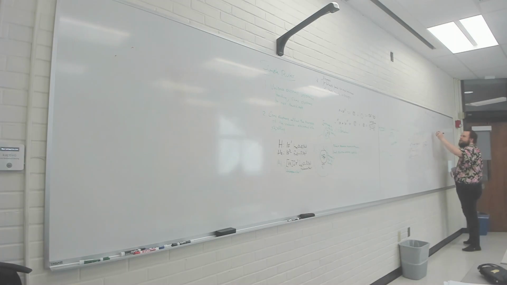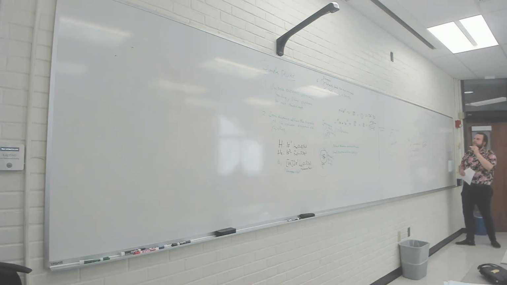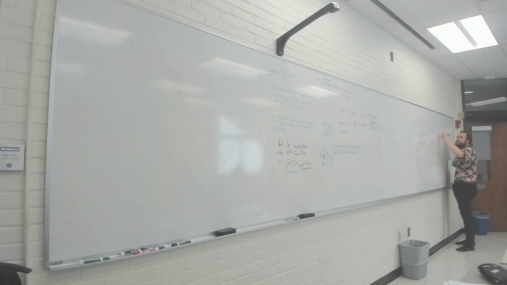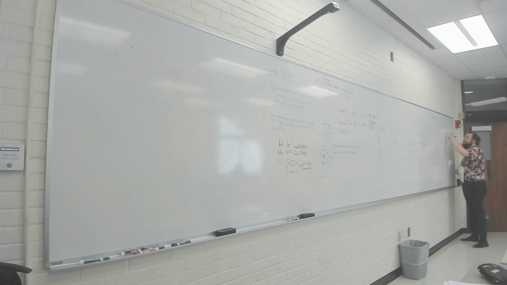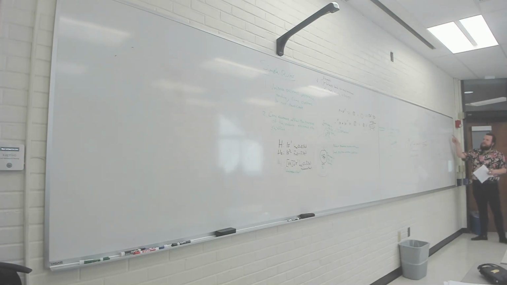And then at minus 12, we have three 2p's. And of course, by Hund's rule, the way these are filled is that they all have one unpaired electron, like that.